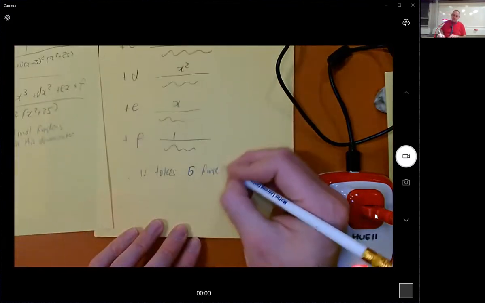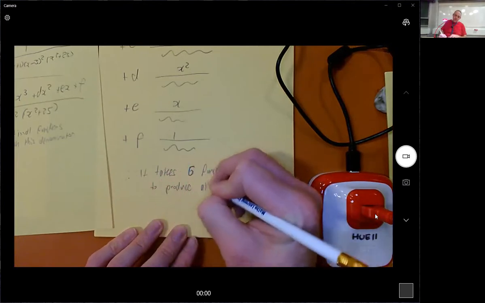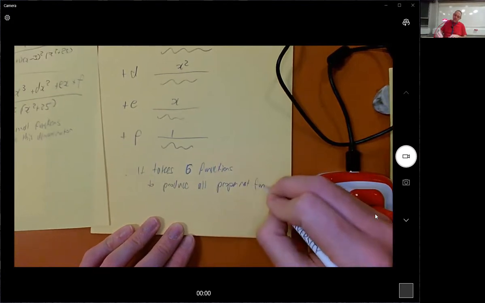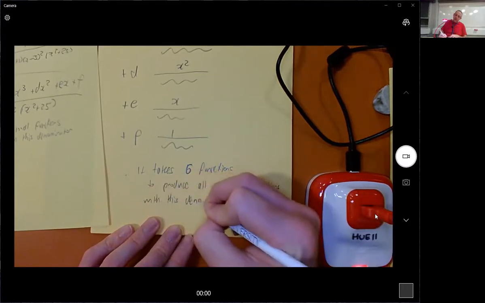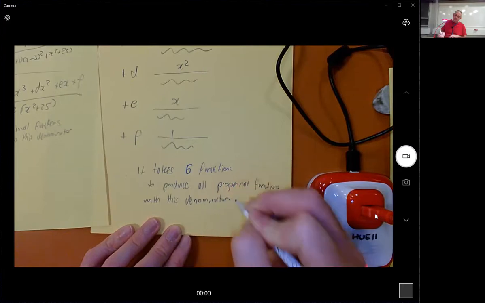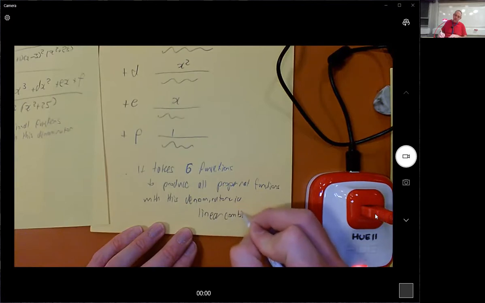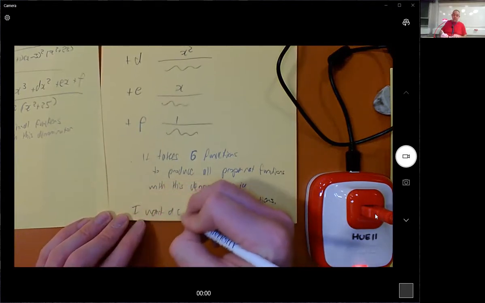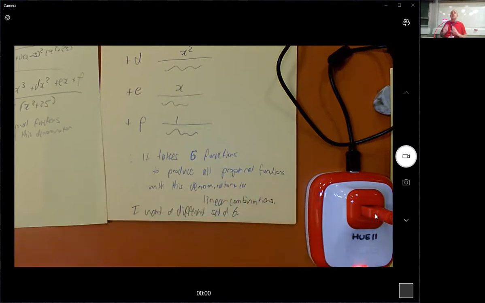So therefore, to produce all rational functions with this denominator via linear combinations, I want to choose a different set of 6. That's the goal.